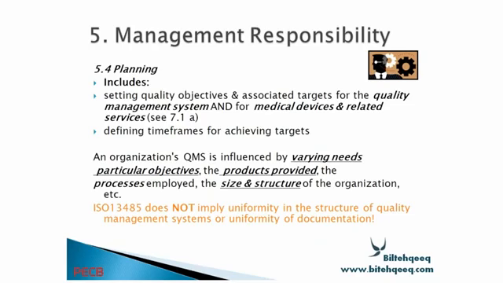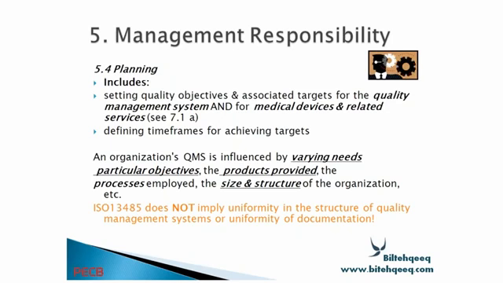5.4 is planning, includes setting quality objectives and associated targets for the quality management system and for medical device related services, and defining time frame for achieving targets. We have to plan and set the targets, and we have to describe in what way we will be able to achieve these objectives.